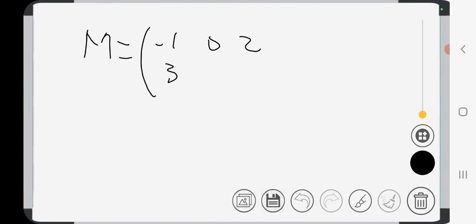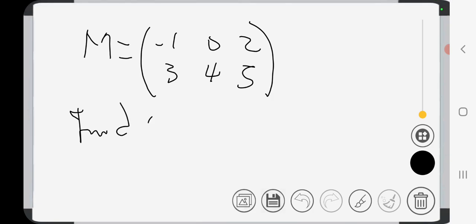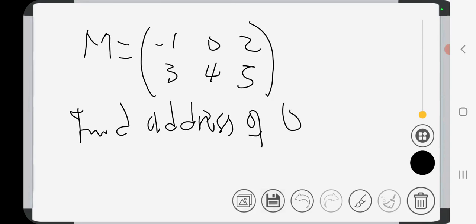Now let's do this example. We are given this matrix M. Let's say we have -1, 0, 2, 3, 4 and 5, and the question says find the address of 0. Now how do we do it? What we are going to do is to find the location of this 0 horizontally and vertically.